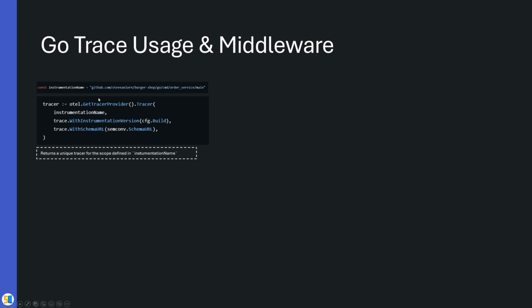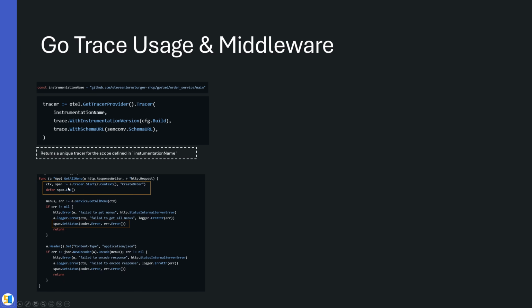In this case, I use this import path that instruments the tracer, and then I give the version and then the schema, right? So it returns a unique tracer for the scope defined in the instrumentation name. So this tracer is a tracer for the instrumentation name scope.